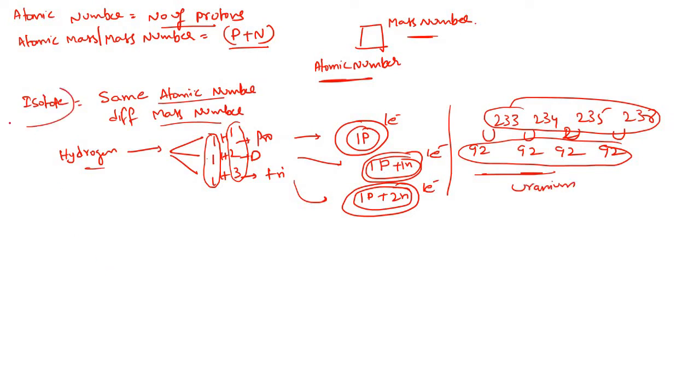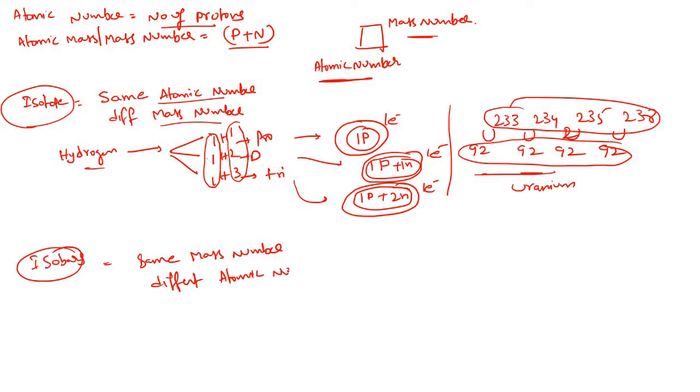Now we will see what is isobar. Isobars means atoms with same mass number but different atomic numbers. Okay, means here now this will be same and these atomic numbers are different. So let's see what are the examples.